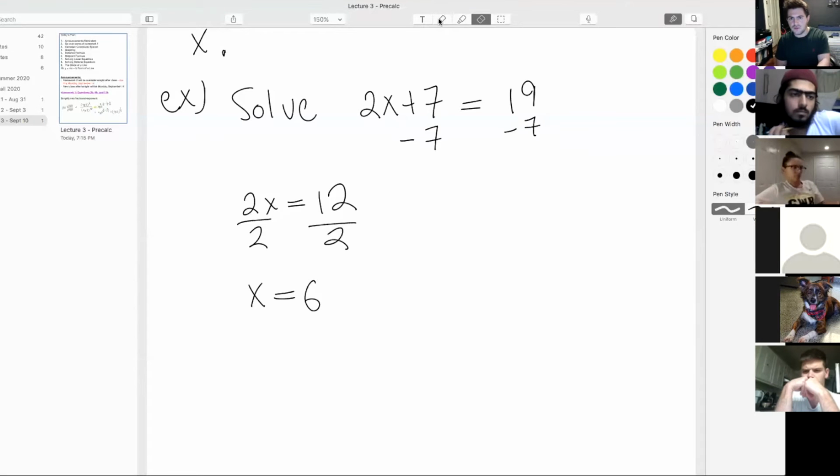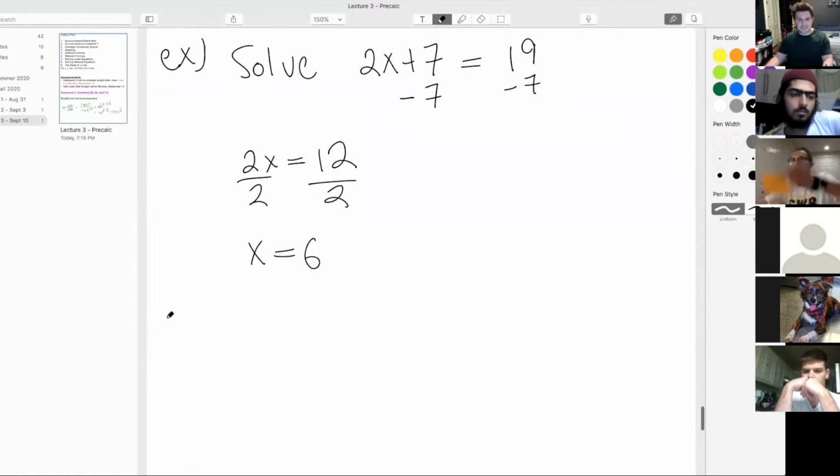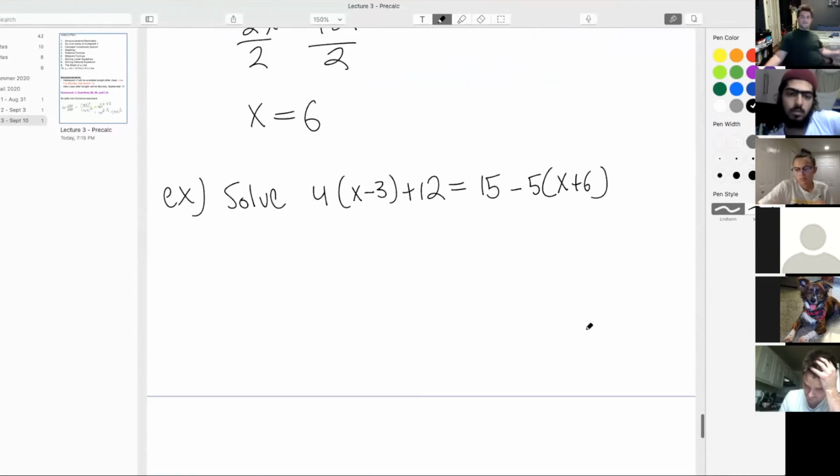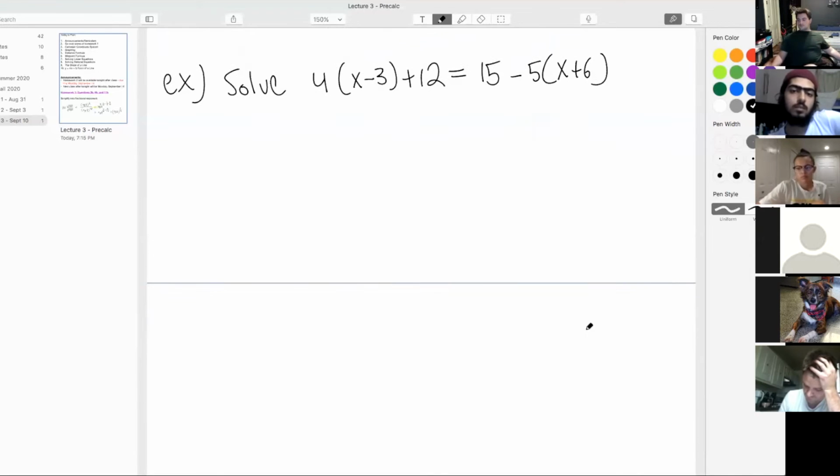All right, so let's do a slightly more involved example. So how about this? Solve 4 multiplied by x minus 3, plus 12, is equal to 15 minus 5 multiplied by x plus 6. Okay, so remember the goal here is to isolate x.